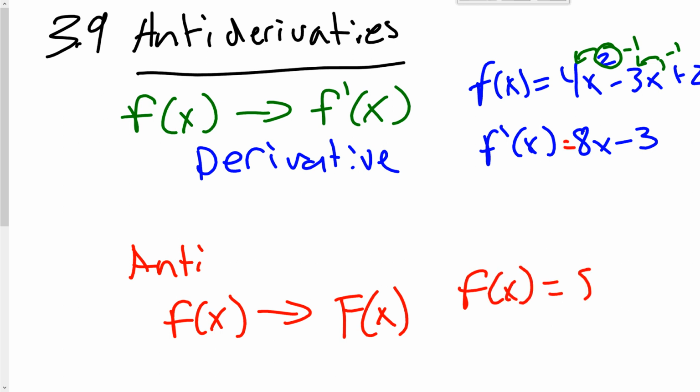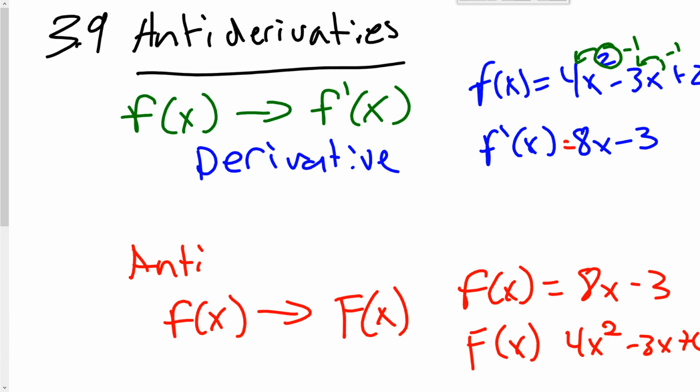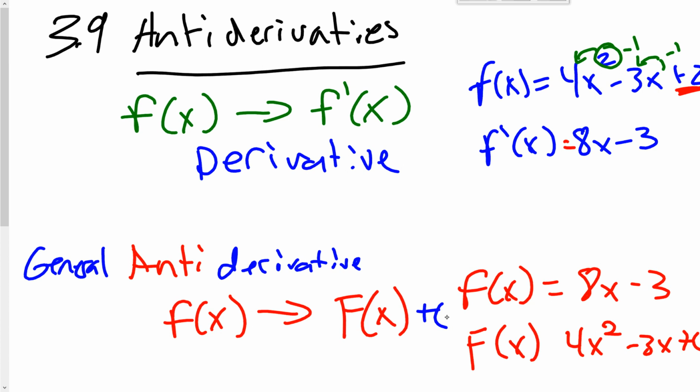And the antiderivative would be the 4x squared minus 3x, and then we add a c at the end because when we go backwards, we can't quite figure out what that is. So that is called the general antiderivative.